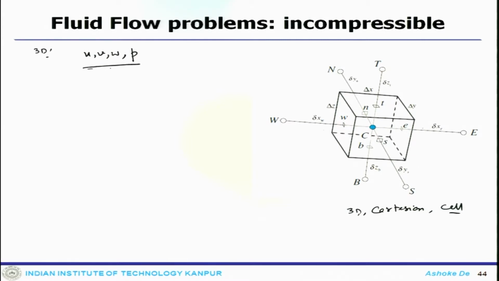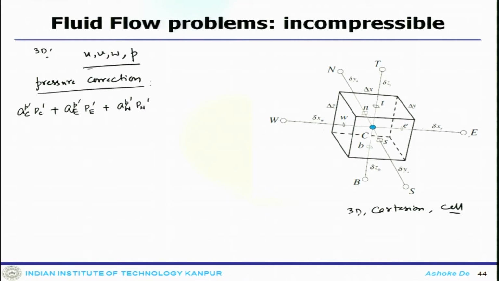Using this information, in 3D also similarly you need to get a pressure correction equation. Now, the pressure correction equation will have more coefficients, or your matrix will become larger in size. You get aC P prime PC prime plus aE P prime PE prime plus aW P prime PW prime.